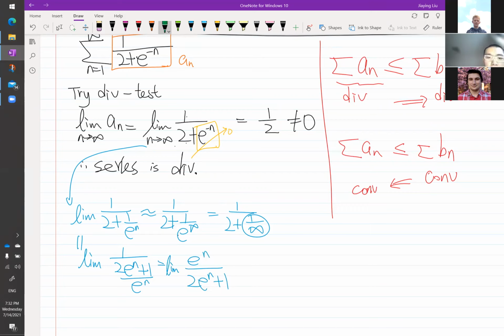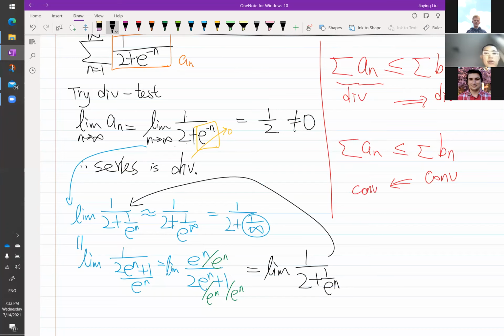If that's what you are thinking, the next step, before we take the limit, we should divide all terms by the leading term, which is e to the n. Again, that will take you back to what we had earlier in the beginning, one step back. It doesn't really move forward much. So that's the limit of 1 over 2 plus 1 over e to the n. Then you take the limit as n goes to infinity. So that doesn't really help much. It's still taking you back to this step in order to take the limit.